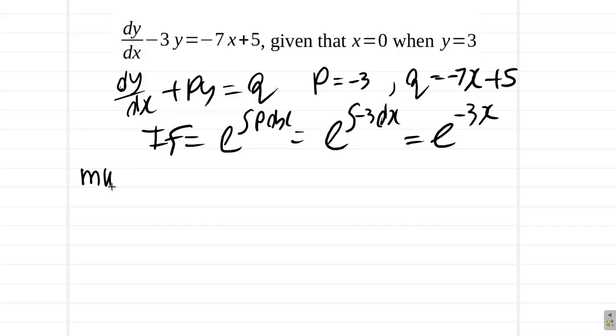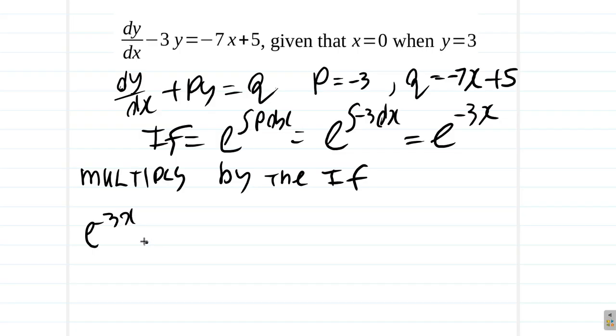Next thing you do, multiply by the integrating factor. So you have e to the negative 3x dy by dx minus 3y e to the negative 3x.